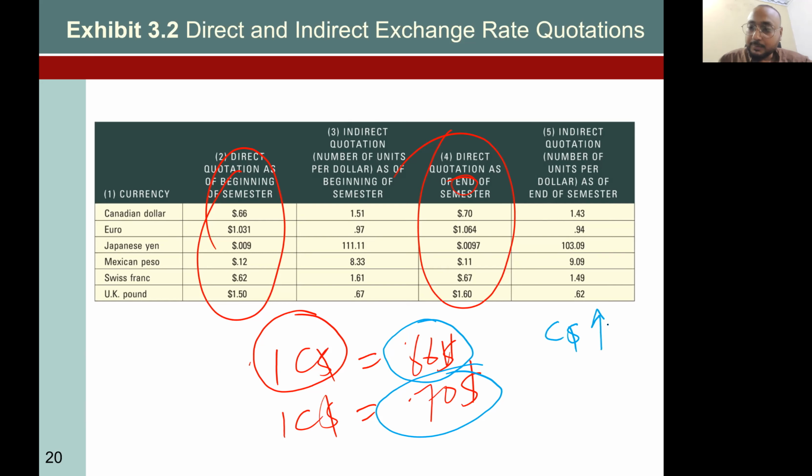So the value of the Canadian dollar increased, right? When the value of the Canadian dollar increases, it means the dollar decreases, simple. When the value of a currency increases, we call this increase appreciating, or appreciation. Tiffany, now understand?